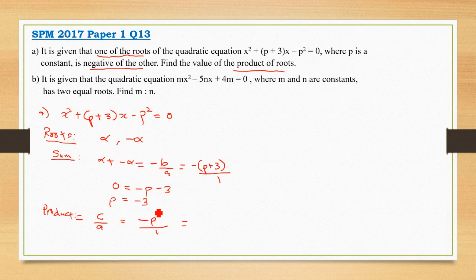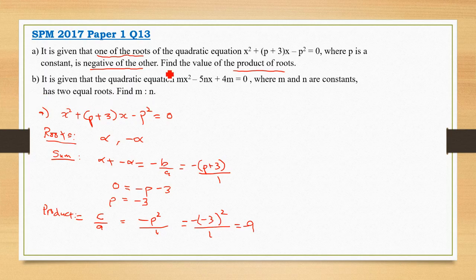Since you already found P, you put negative 3 squared over 1. So what do you have? The answer is negative 9. That answers your question A. From the sum, we can find the product because there is a connection: we need to know P before we can solve for the product.